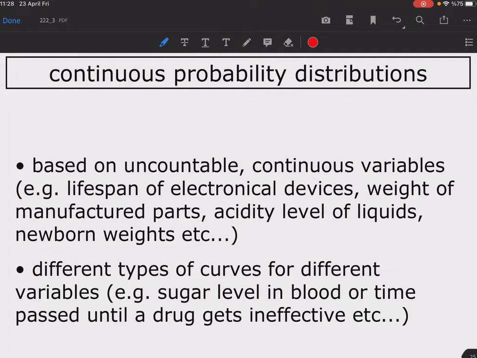In this session, we will start with the continuous probability distributions, and particularly we will talk about the uniform distribution.